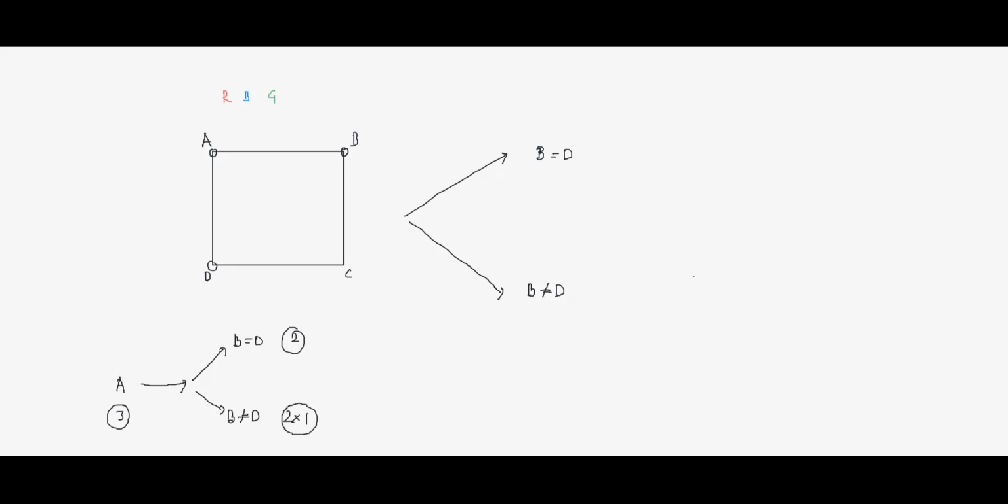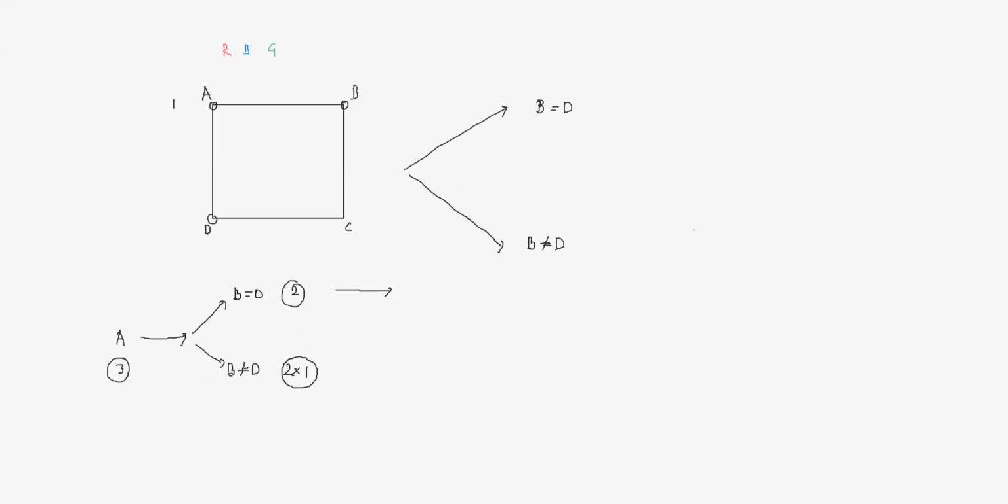And therefore, what about the C aspect? Given this scenario, what about C? If B is equal to D, C has two options, because it increases the options. If A was red, and B and D are both blue, then C has the option of red or green, but not blue.